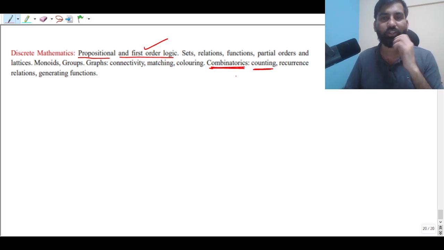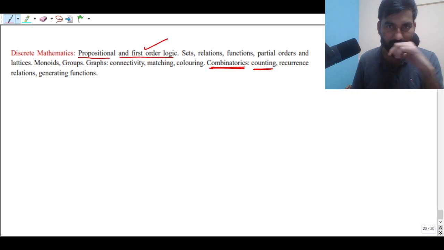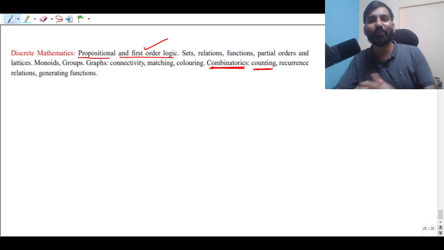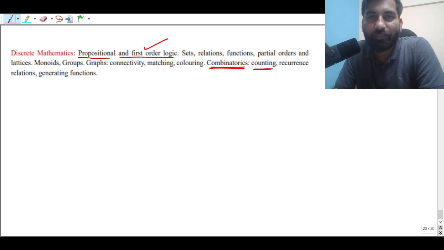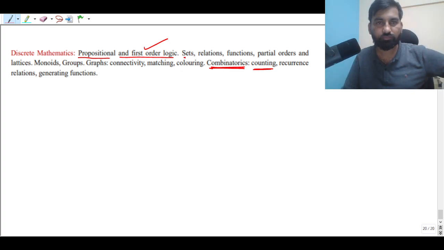We call it combinatorics, right? Under combinatorics we are going to talk about counting techniques first, that is easy. So we start with the easy concepts. Then we'll talk about sets, relation, function, poset, that is partial order set, and lattices, monoid, groups.